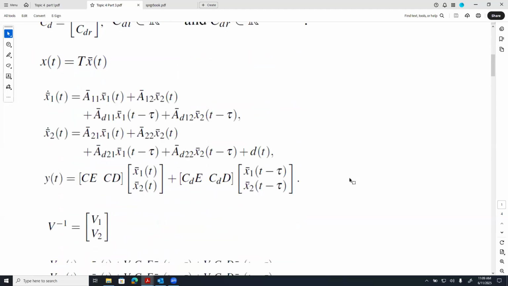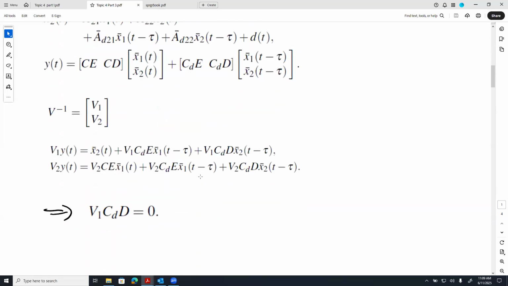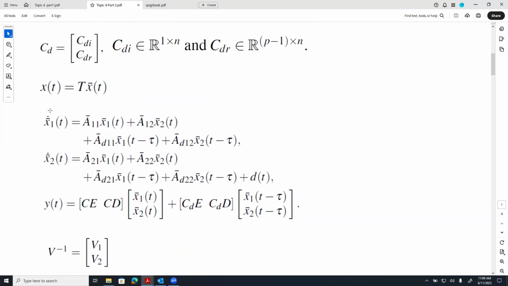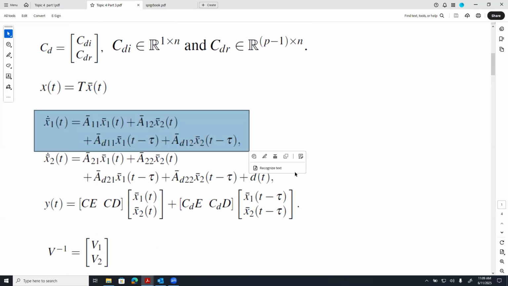This is to be able to explicitly express x bar 2 in terms of the output measurement y1 of t and the other state vector x bar 1 of t, with the hope that when we put it into here, we can then realize a reduced disturbance-free time delay system. That's the whole idea behind that.